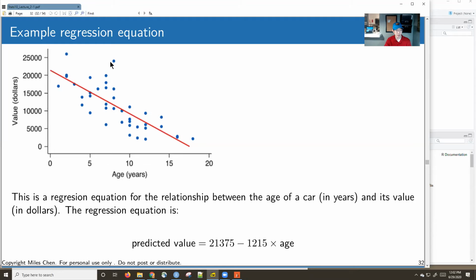But we see exceptions, right? So here's a car, 8 years old, and it's got a lot of value, $25,000. And here's a car, 7 years old, and it's worth a lot less than what the line predicts. So it's not going to be a perfect prediction, but overall, to summarize, it's useful.